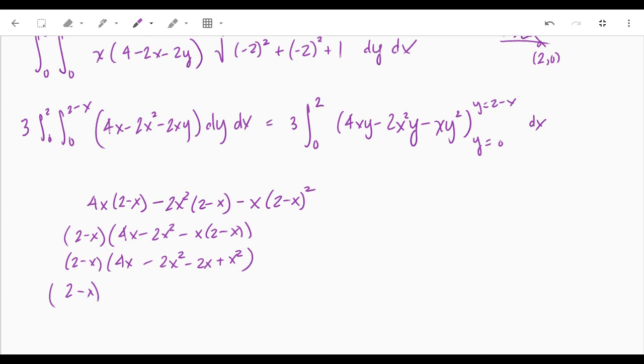Just trying to make sure I'm checking my work as I go. 4x minus 2x, that would be 2x minus x squared. Okay, and so that would be 4x minus 2x squared minus 2x squared plus x cubed. All right, so I think what I've got here is the integral of x cubed minus 4x squared plus 4x.